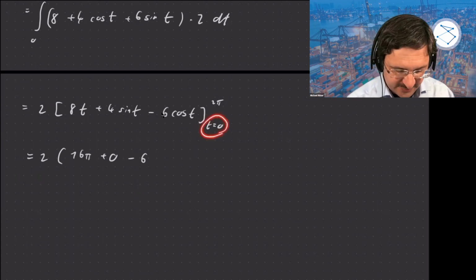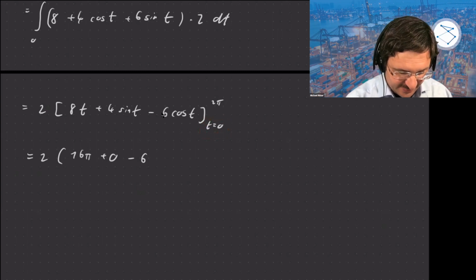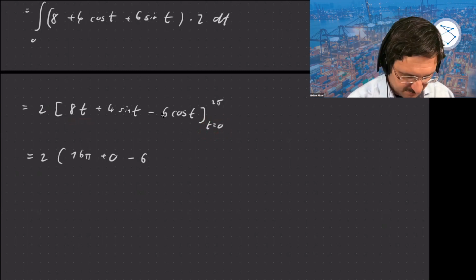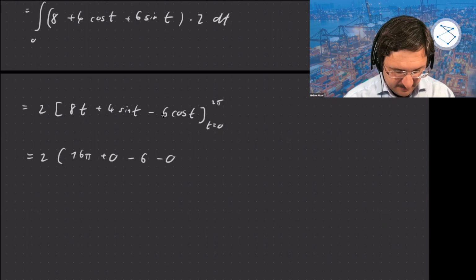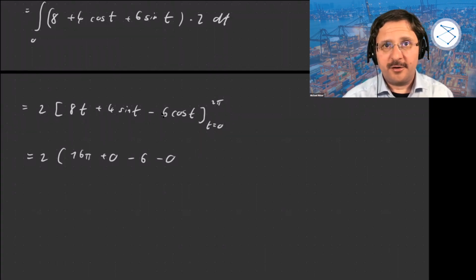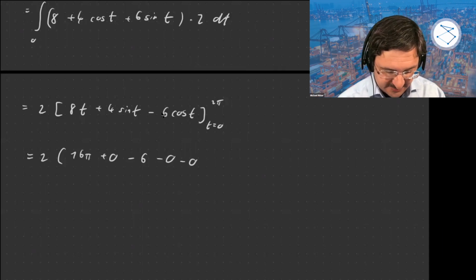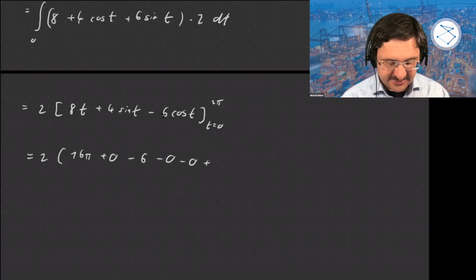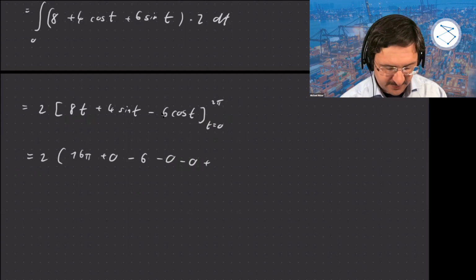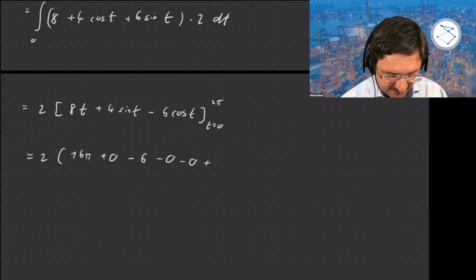And for the lower bound, t equals 0, we get 8 times 0, that's 0. Minus 4 times the sine of 0. Sine of 0 is also 0, so minus 0 again. And then minus, so we get a plus 6 times the cosine of 0. Cosine of 0 is 1, so we get a plus 6 here.